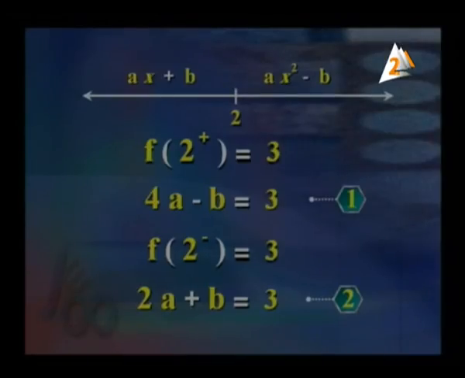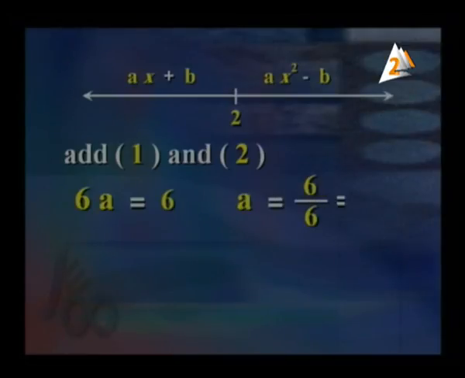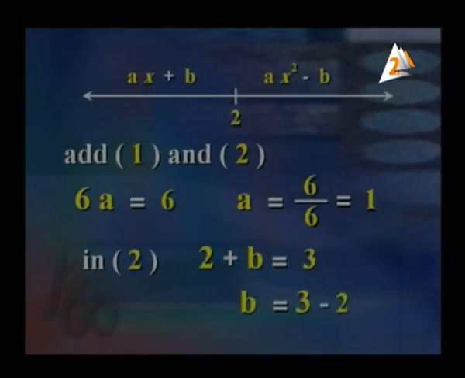The first, 4a minus b equals 3. The second, 2a plus b equals 3, by using the elimination method. Remember, dear student, with two equations, we find the value of a and b by using the elimination method. Therefore, adding 1 and 2, 6a equals 6, then a equals 1. In equation 2, 2 plus b equals 3, so b equals 3 minus 2, which also equals 1.